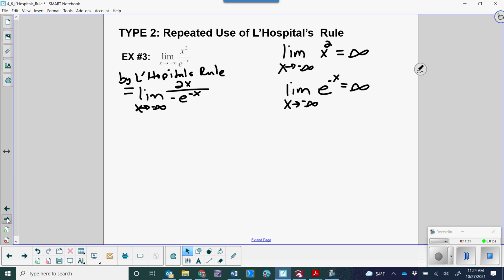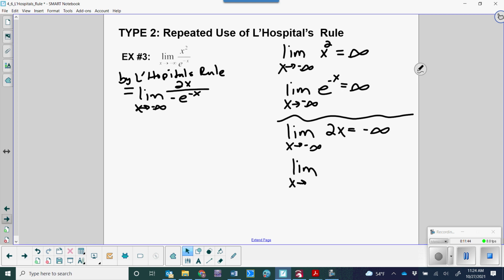So I'm going to have to write that again. So I'm going to also say limit as x goes to minus infinity of 2x is going to be minus infinity, because 2 times minus infinity is minus infinity. And on the bottom I have minus e to the minus x. Well, you plug minus infinity for the exponent, you'll have e to the minus infinity. So that's e to the infinity, which is infinity times a negative infinity. So I also did that again.